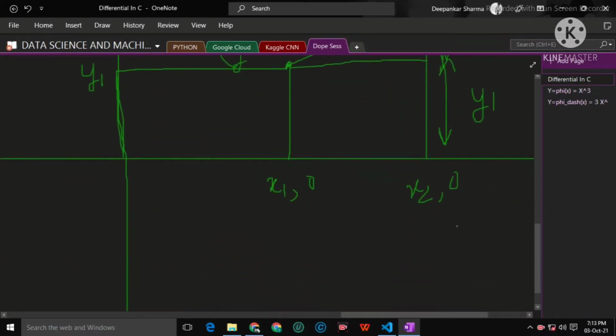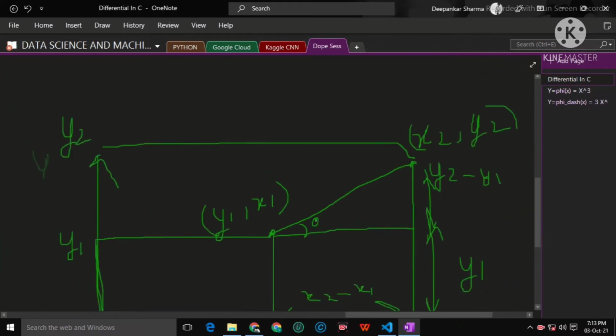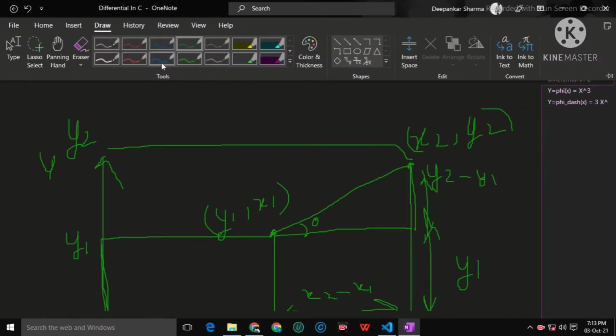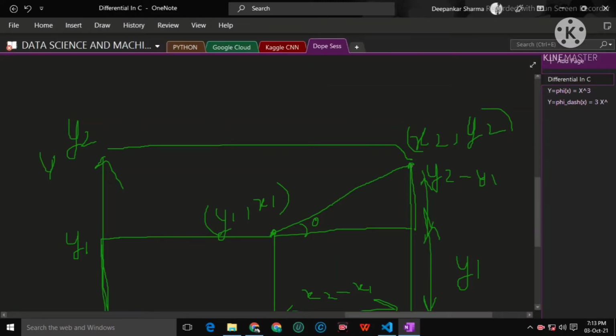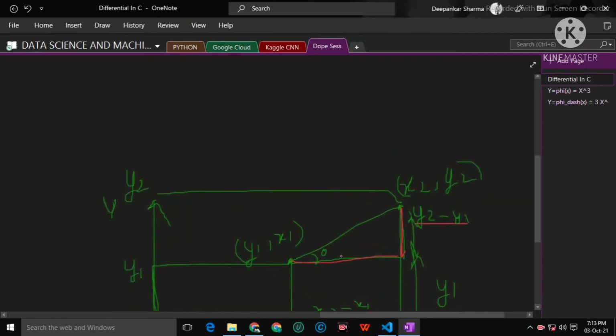Similarly, on the x-axis we have this coordinate as x2 and the left coordinate as x1, so we write it as x2 minus x1. Now if we calculate tan of this theta, it will be perpendicular upon base, so the perpendicular is y2 minus y1 and the base is x2 minus x1.